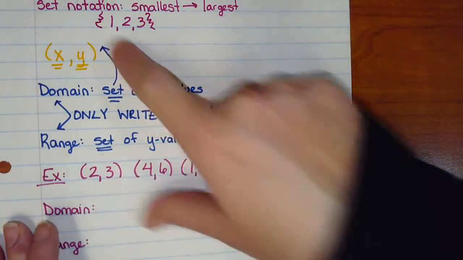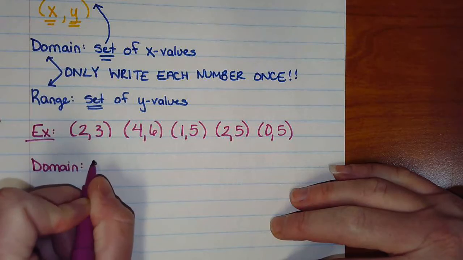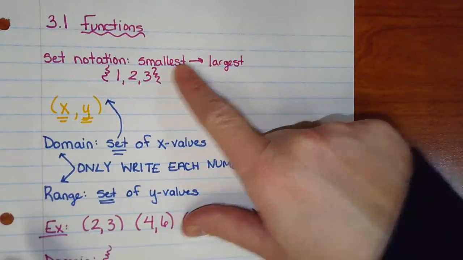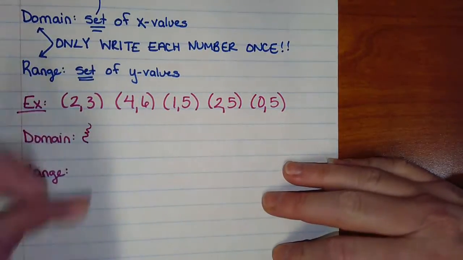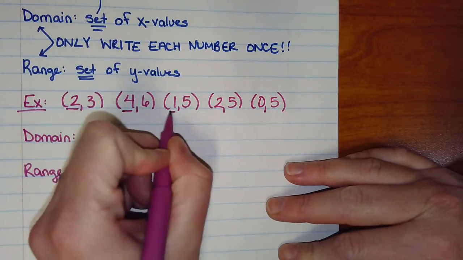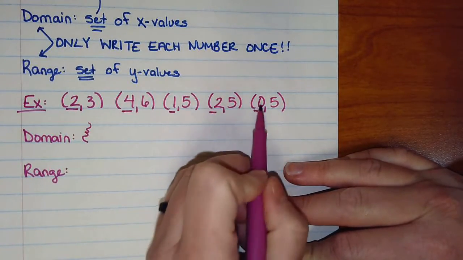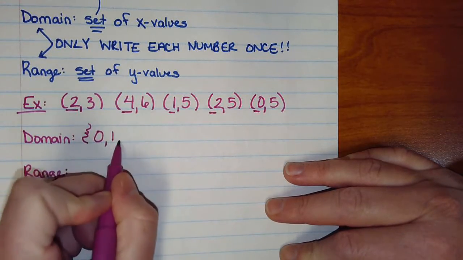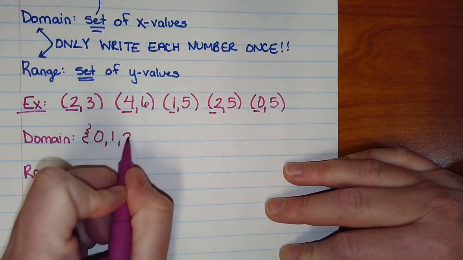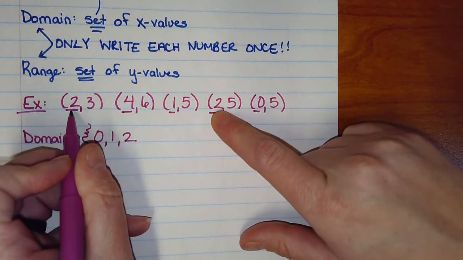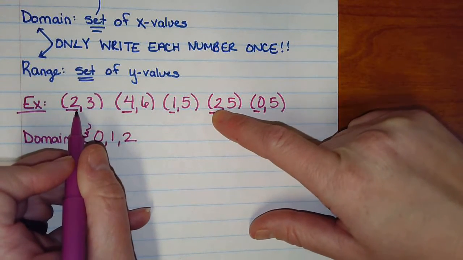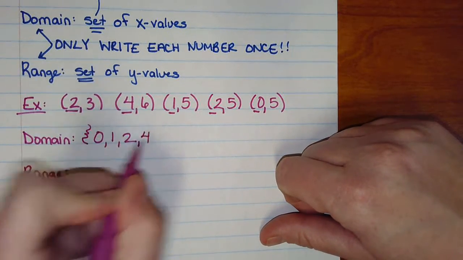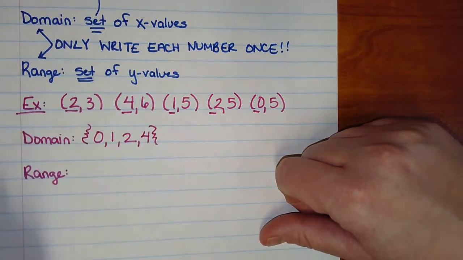And remember, we're writing it in set notation. So I'm going to write my little curly brackets. And then when I write in set notation, I write it smallest to largest. So my x values are going to be the first values here, and the smallest first value is going to be 0. Then 1, then 2, and notice that 2 occurs twice, but I only write each number once. So I only write one of the 2's, and then I have 4. And that's all of my x values.